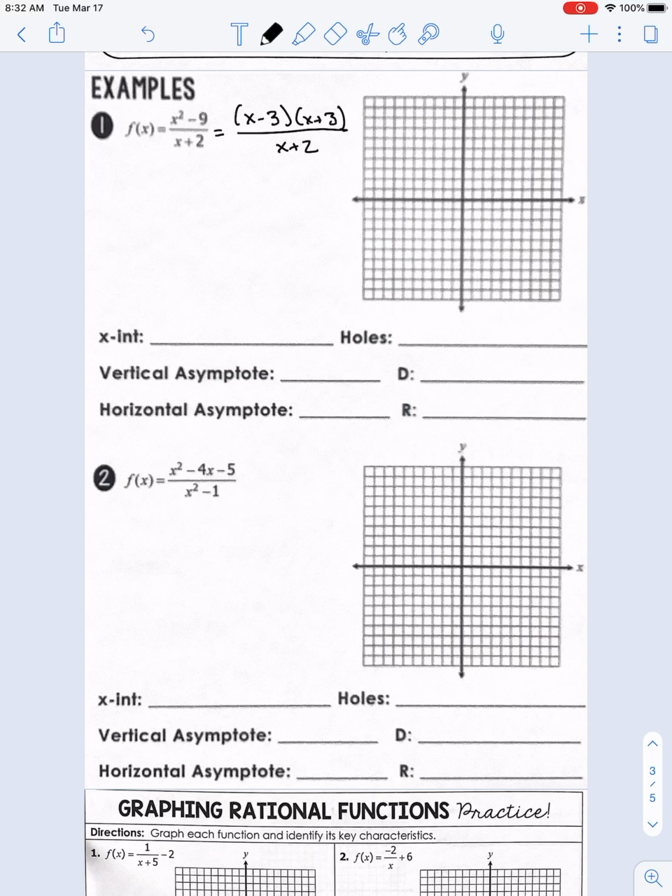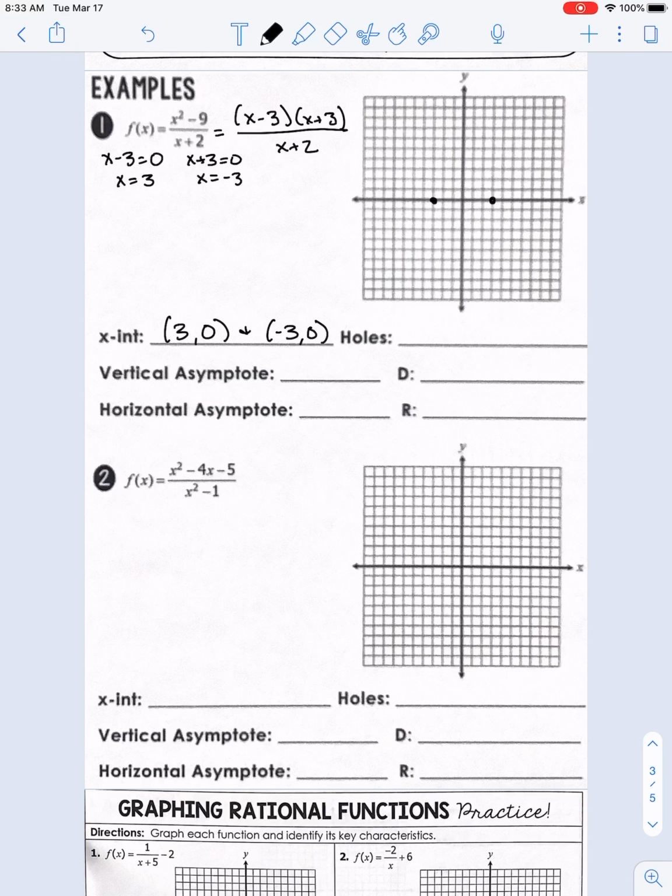So step 2 is finding the x-intercepts by setting my numerator equal to 0. So if I set x minus 3 equal to 0 and x plus 3 equal to 0, I get one x-intercept at a positive 3 and one x-intercept at a negative 3. I can go ahead and plot those. 1, 2, 3. 1, 2, 3.